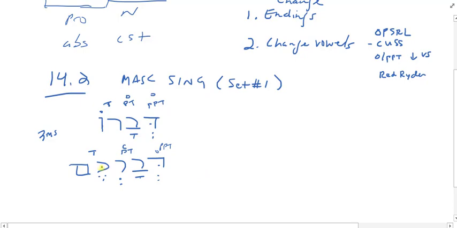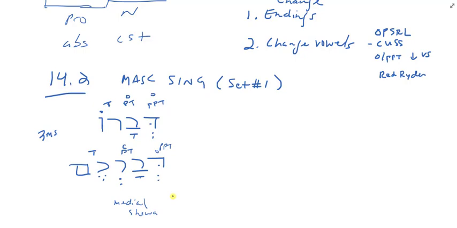The dagesh lene in the kaf is not going to show up here because this is one of those shavas that is described in some grammars as a medial shava. It's sort of midway between a silent shava and a vocal shava. It's silent enough to close the syllable, but open enough to cause the dagesh lene to not appear here.